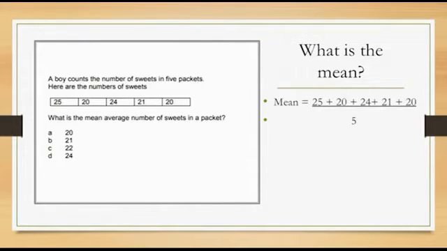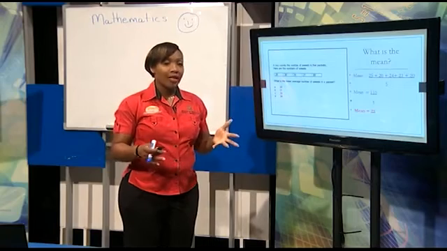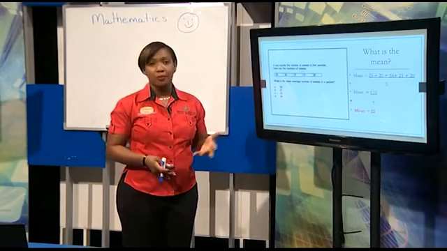If we added all those numbers, we would have gotten a total of 110. 110 divided by 5, giving us 22. So the mean for this set of data is 22. So you are asked to find the mean average of the number of sweets in a packet. So on average, you have 22 sweets per packet.